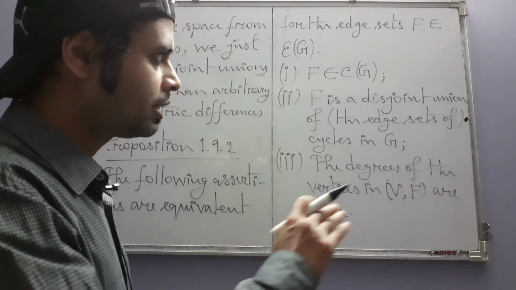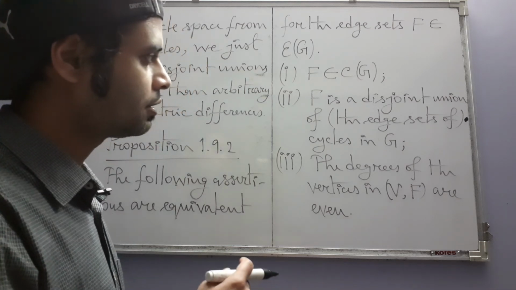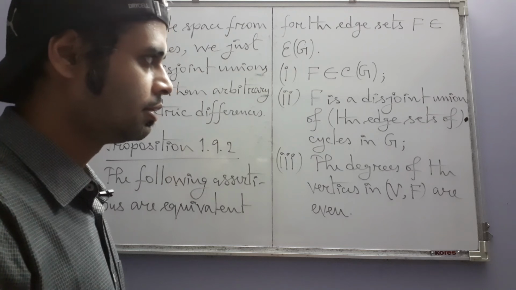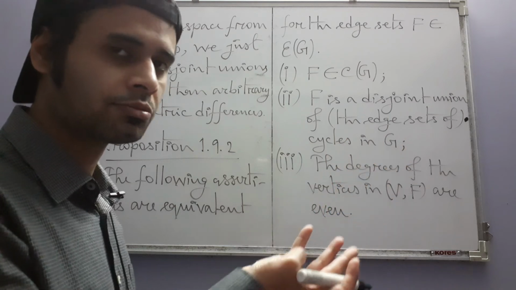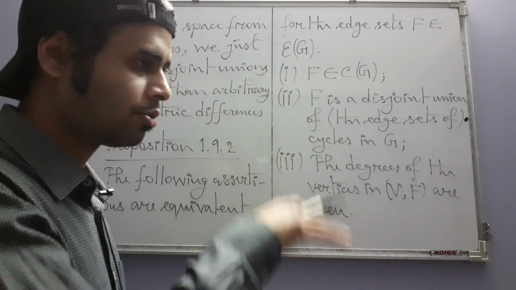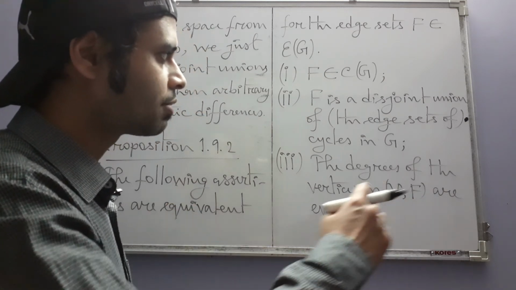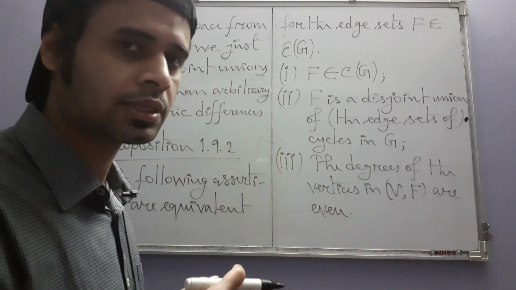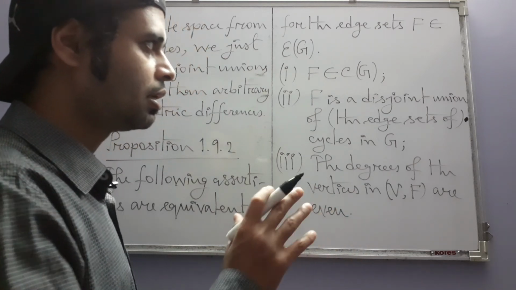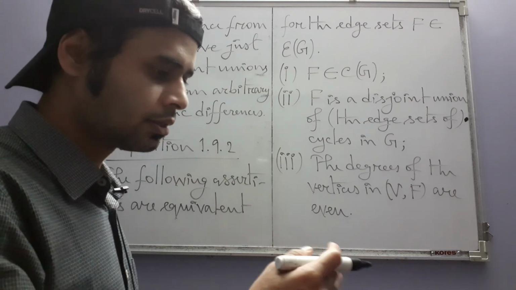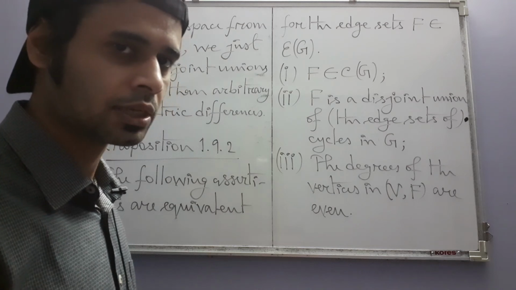We already know that F is a linear combination of some cycles in G, but due to the fact that the scalars involved are just 0 and 1, that ultimately boils down to this statement that F is a symmetric difference of finitely many cycles in G. But a symmetric difference is not really a disjoint union unless the sets you are considering in the symmetric difference are disjoint themselves.